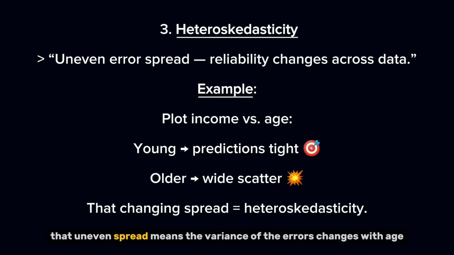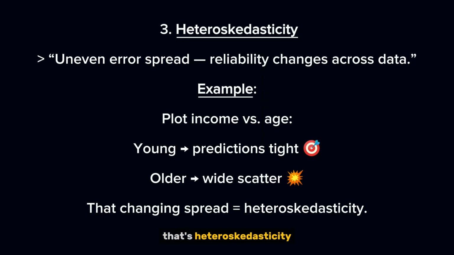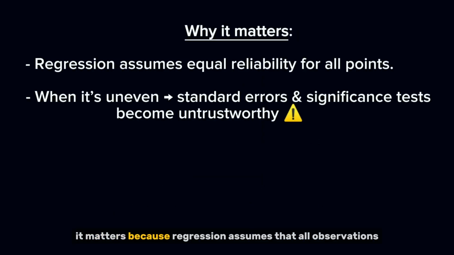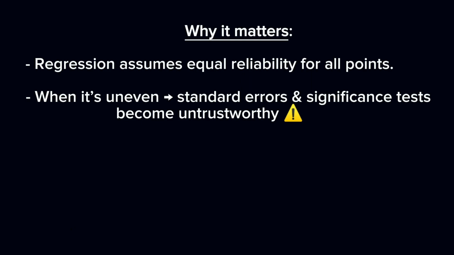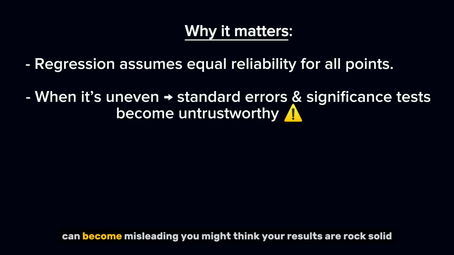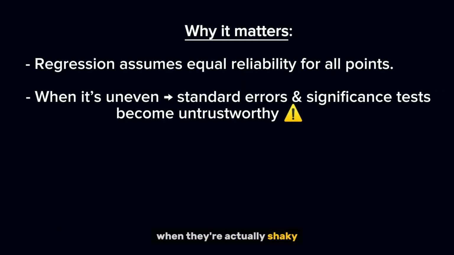That uneven spread means the variance of the errors changes with age. That's heteroskedasticity. It matters because regression assumes that all observations have equal reliability. When that's not true, your model's confidence, the standard errors and significance tests, can become misleading. You might think your results are rock solid when they're actually shaky.